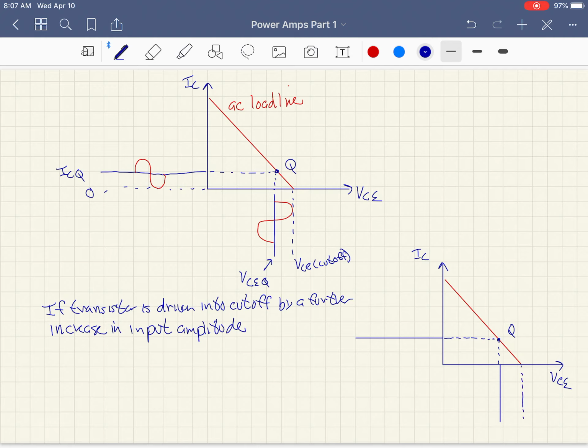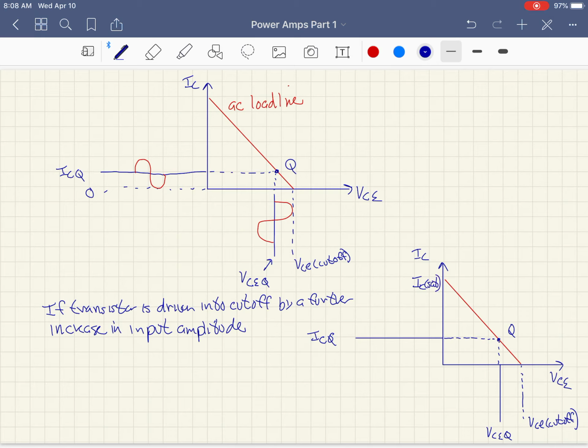Let's draw VCE cutoff. Okay. This is VCEQ. This is ICQ. Okay. We've got IC sat. I didn't draw it above, but we'll draw it here. And we've got VCE cutoff here.